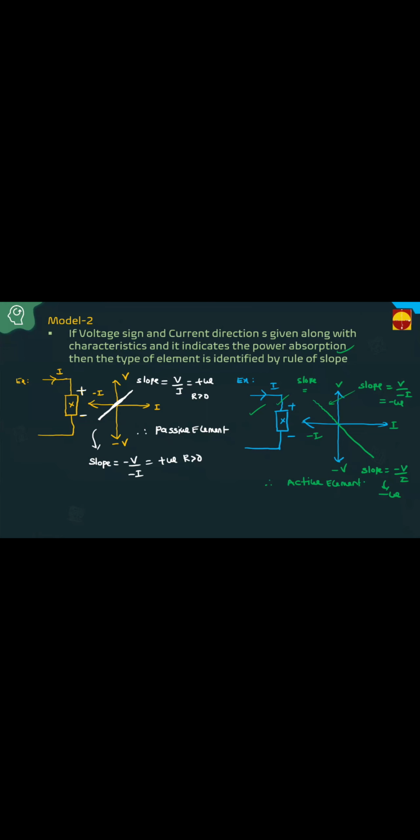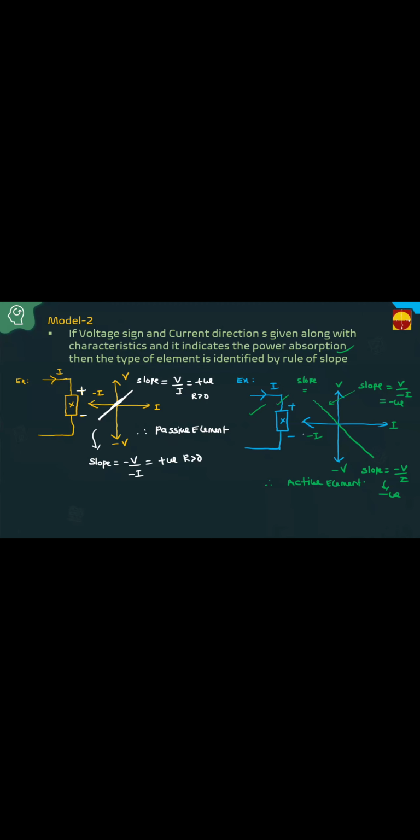For example, an inductor under transient condition is an active element. And take any active element, take the Zener diode. We are treating it locally as an active element, but in some conditions it also acts as a passive element.